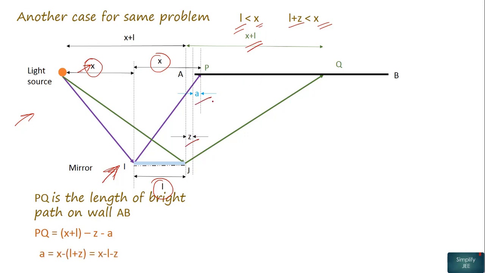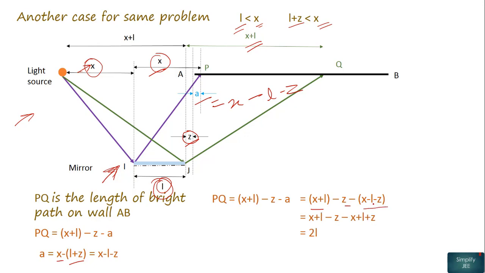Also here, a will be equal to x minus L minus z, or x minus L plus z. Hence, PQ is equal to x plus L minus z minus x minus L minus z, and it will come equal to 2L in this case too. Hence, the length of bright path on wall AB will be equal to 2L.